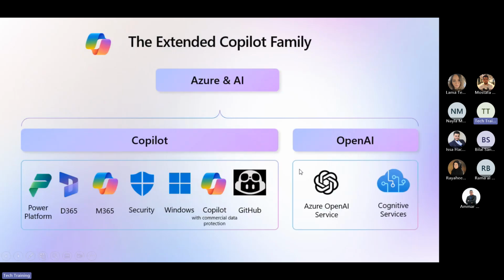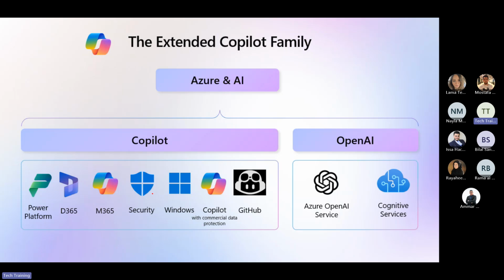So here is, let's say, the environment that was created. Firstly, we had the Copilot, which, as you can see, can get information or data or work with the Power Platform, Dynamics 365, M365, Windows Security, Windows Copilot, and GitHub. All these Copilots are now available in all the applications that we are seeing here.